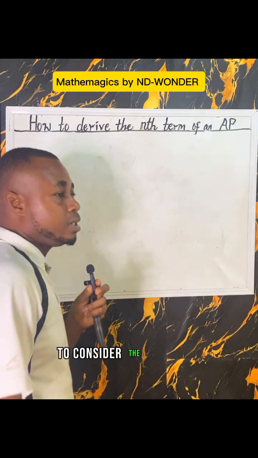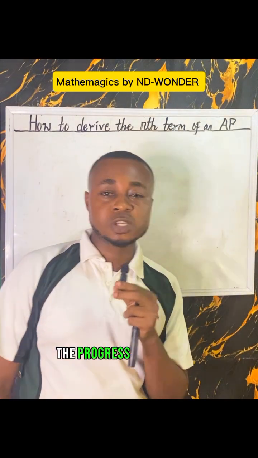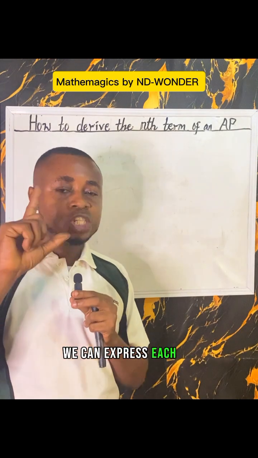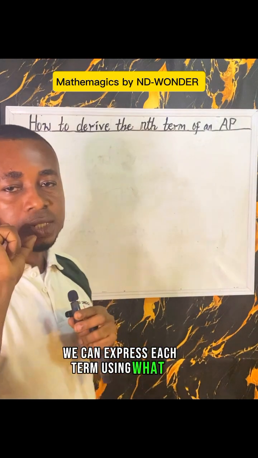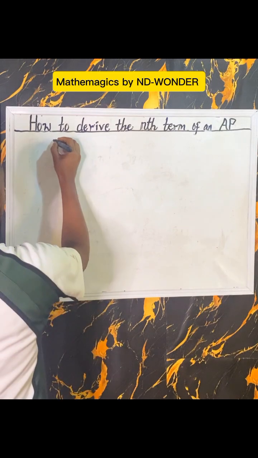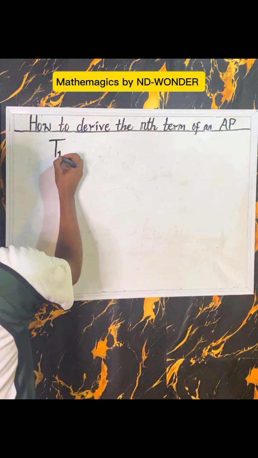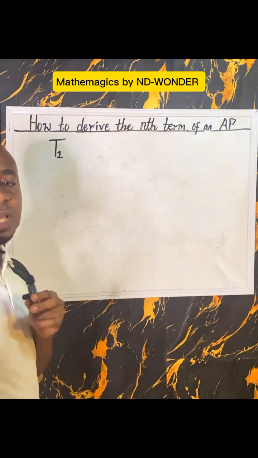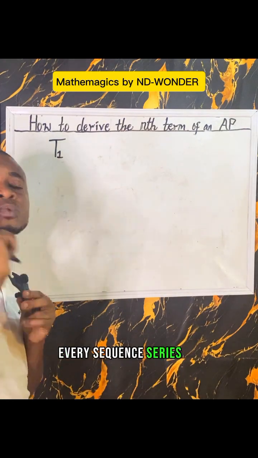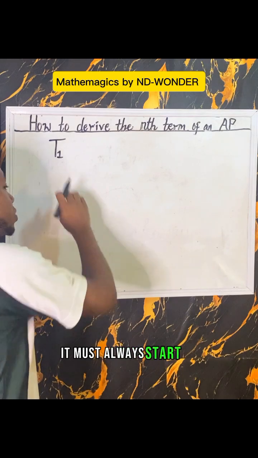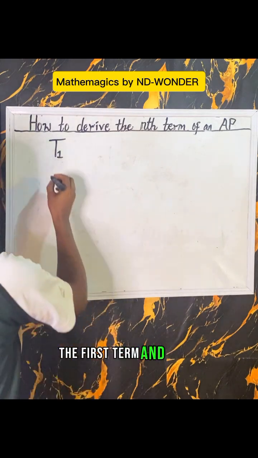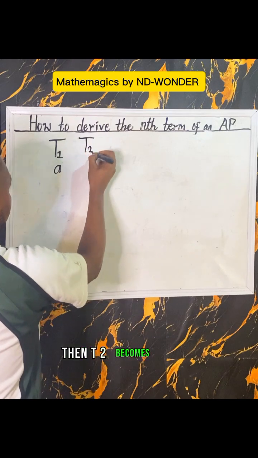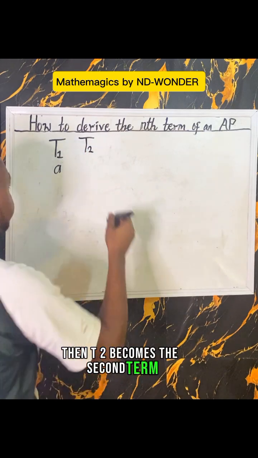Consider the linear sequence, the progression of a linear sequence. We can express each term using T. This T1 or T sub 1 is the first term. Every sequence, series, whatever it is, must always start with the first term, and we denote it with A. Then T2 becomes the second term.